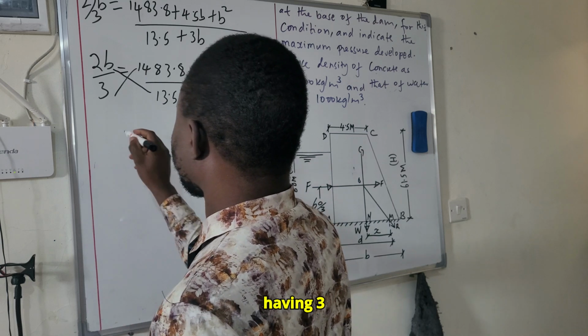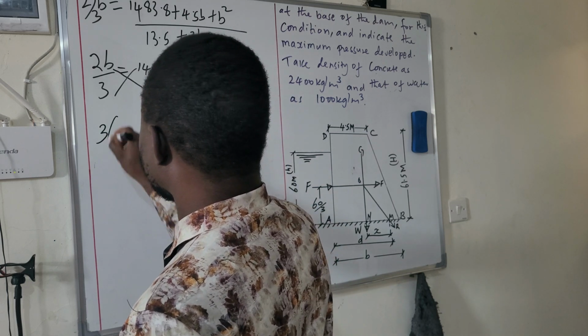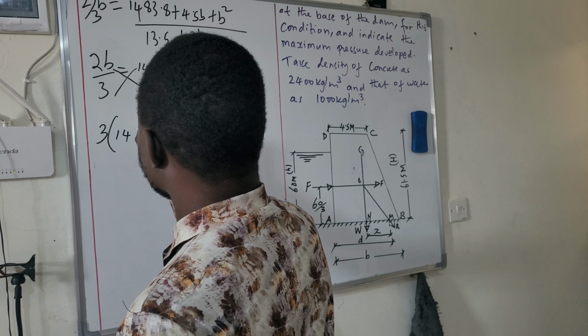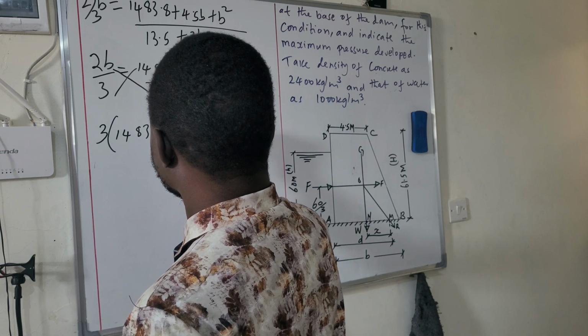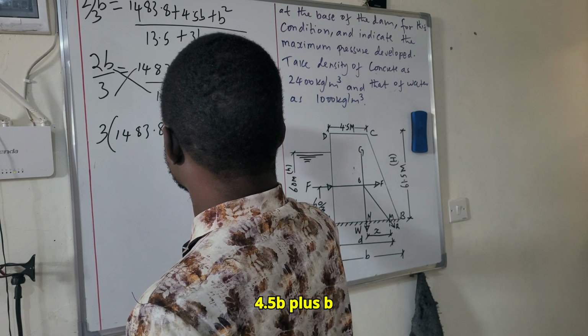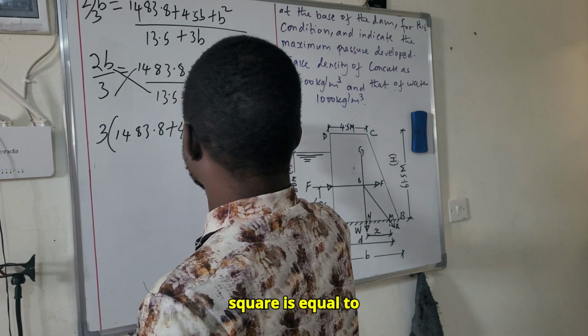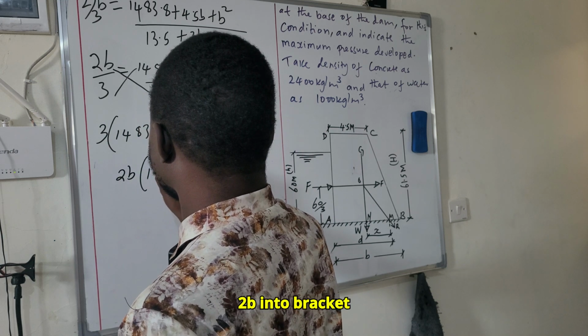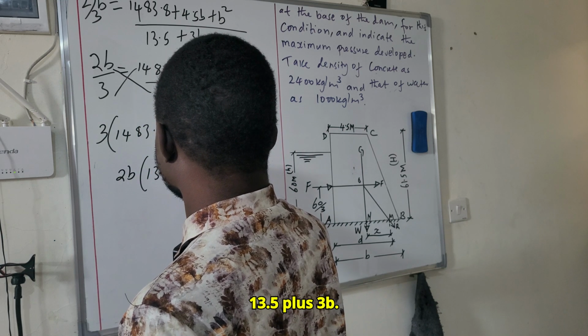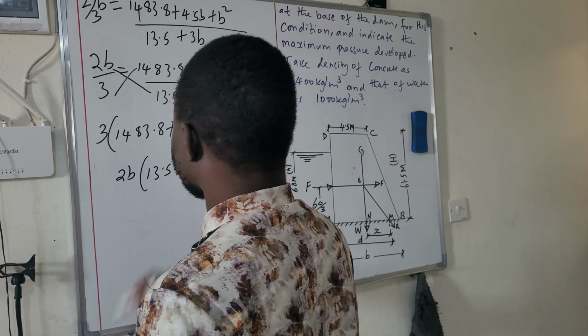So we'll end up having 3 multiplied by 1483.8 plus 4.5B plus B square is equal to 2B into bracket 13.5 plus 3B.